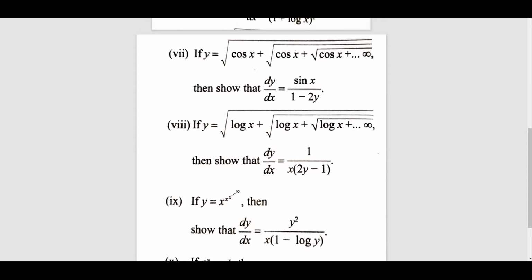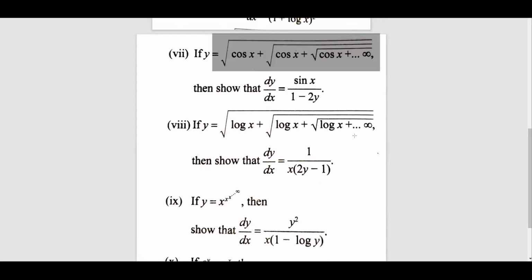These questions are really very simple. They all fall in one category. You can check here, you see this infinity: root of cos x plus root of cos x plus root of cos x, and this way it goes up to infinity.